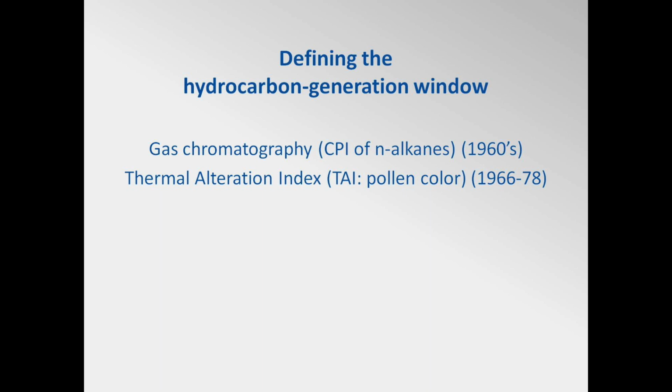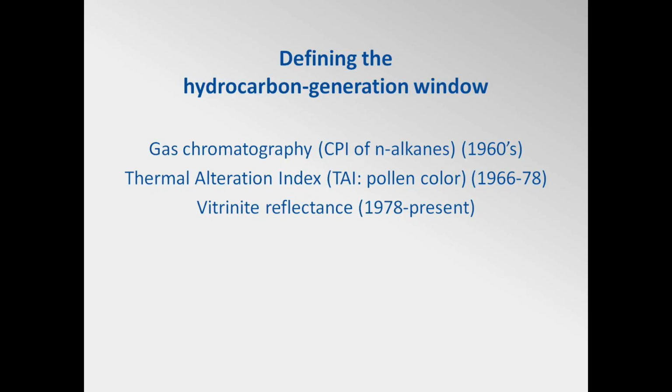Unfortunately, the CPI was neither highly quantitative nor highly accurate, and it was soon replaced with the thermal alteration index, or TAI, which was based on changes in the color of kerogen, particularly bisaccate pollen grains, with increasing thermal stress.